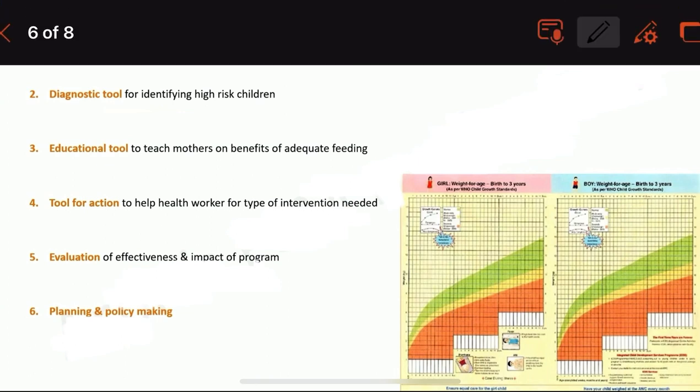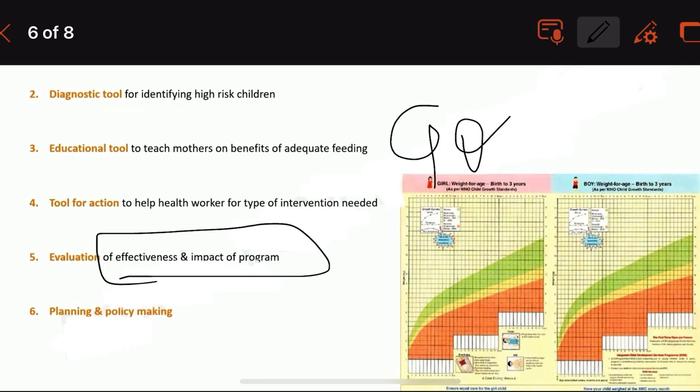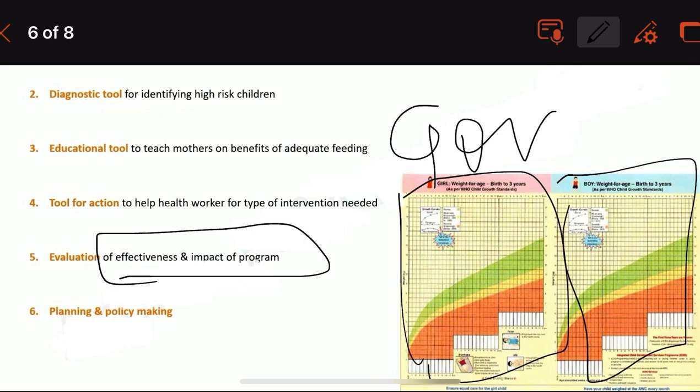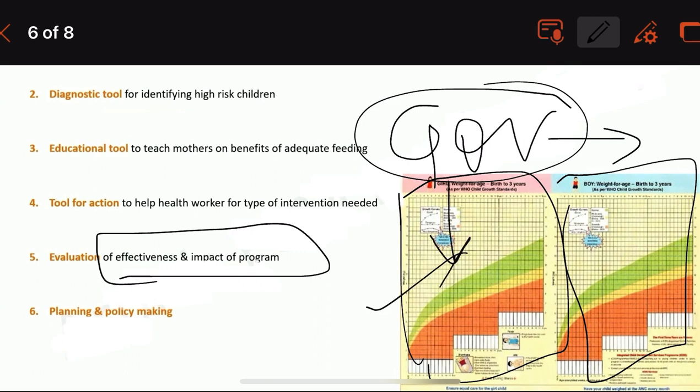For example, if there is a program which is brought by the government, by checking the growth charts of the children in that area who are taking that government service, you can understand how well the program was implemented, and what was the effectiveness and impact of that government service or the program on the children.